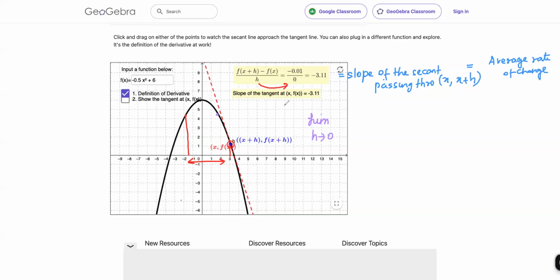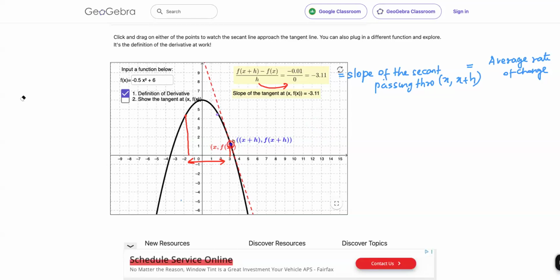Basically the initial equation that I had, which we defined as the slope of the secant, the average rate of change, was equal to f of x plus h minus f of x, the difference in y, divided by x plus h minus x, which will be h, correct?